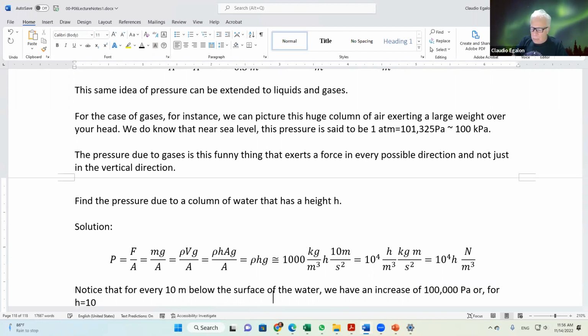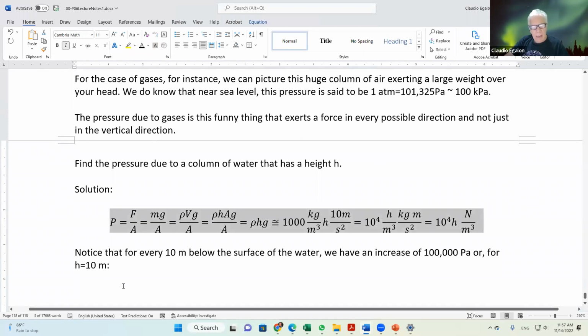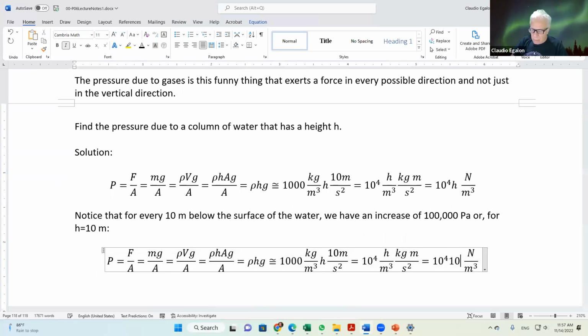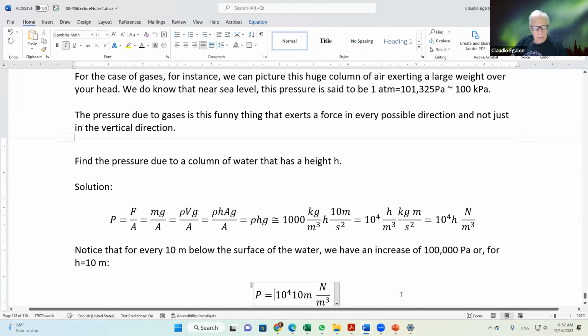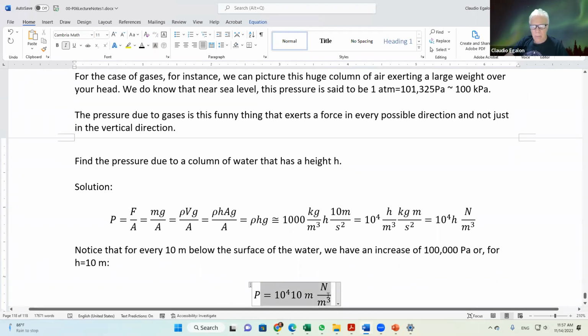For H equal to 10 meters, we have what? 100,000 Pascal. This meter cancels out this other meter.